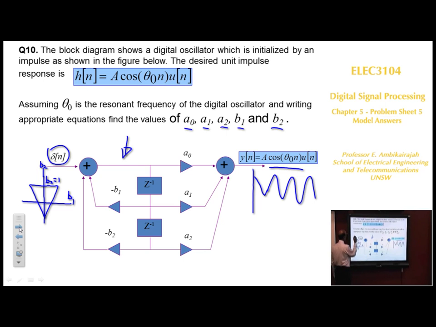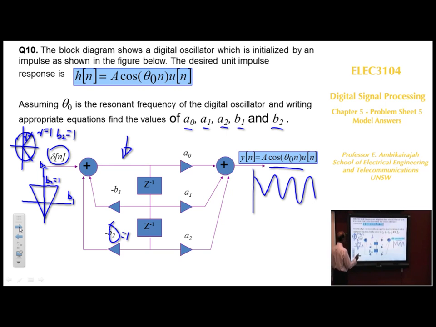That we know. Or in terms of poles, the poles must be on the unit circle for an oscillator, marginally stable, we call it. That is R equal to 1, that is B2 equal to 1 as well, the same thing. We need to know that. So basically you could simply say this should be equal to 1. Very easily you can do that.